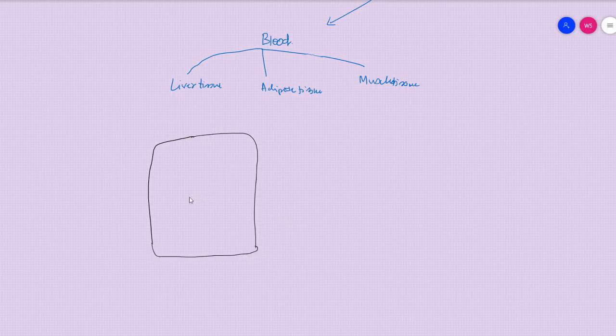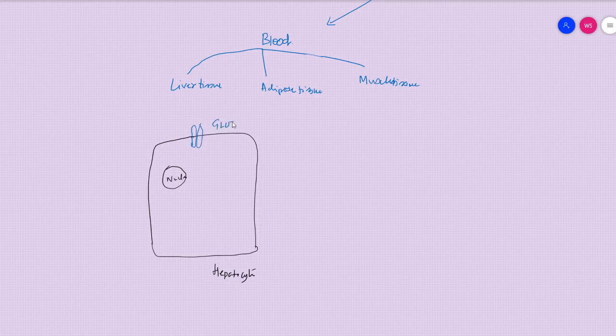This is a representation of a liver cell, and that's the nucleus. Let's label this hepatocyte. Hepatocytes have transporters similar to the pancreas.